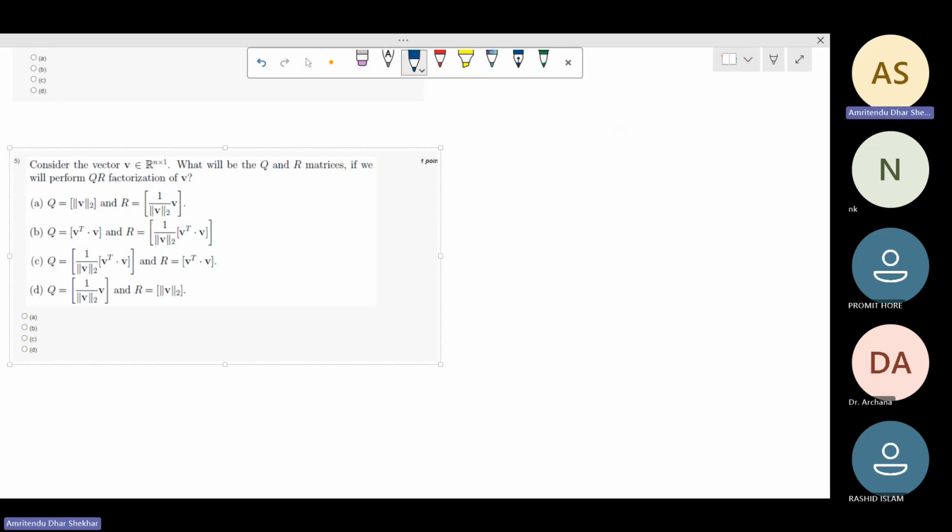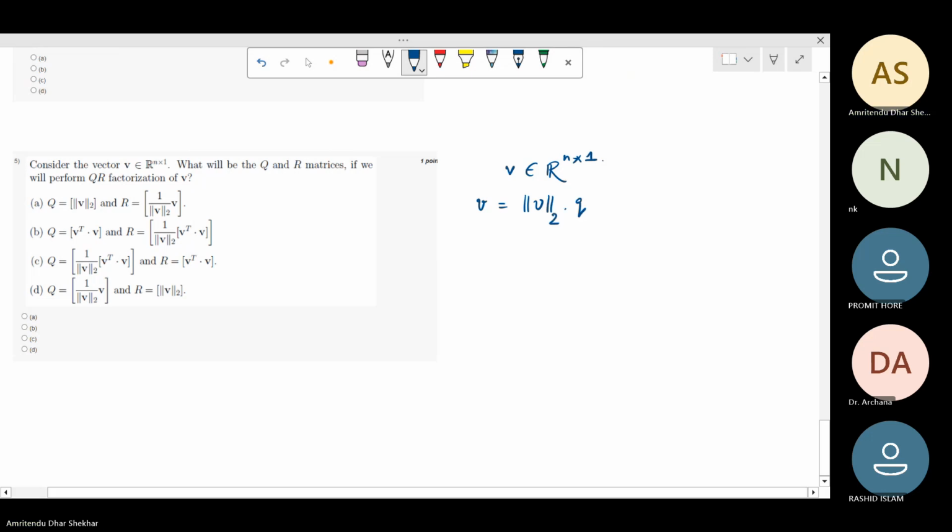Okay, so this is one example where we're given just a single vector v, and we have to do a QR factorization of this. We're going to write v as equal to norm of v times some vector q.